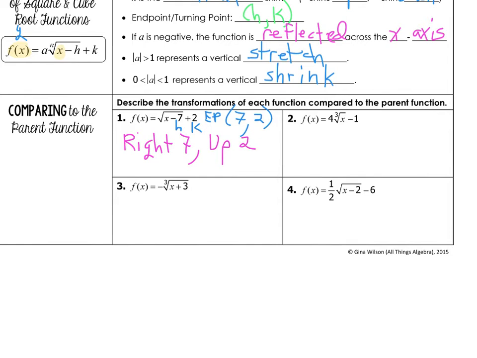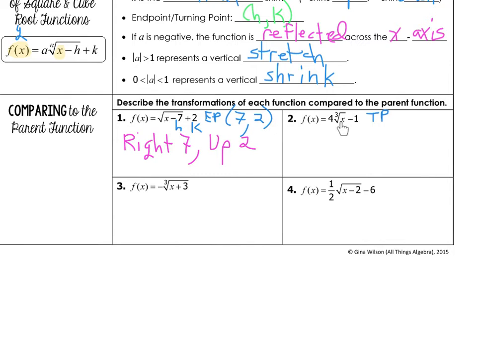All right, so then we come to a cube root. Because it's a cube root, we don't have an endpoint, we have a turning point. So this time, I'm going to call this the turning point. Notice, and you have to look really carefully, there is nothing inside the function. This -1 is happening outside the function.